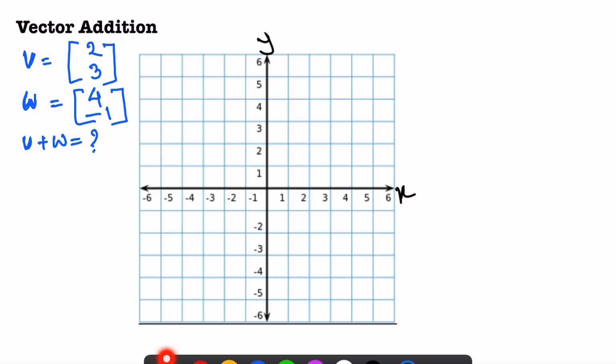V is 2, 3 means 2 steps in positive x direction, then 3 steps in the positive y direction. So this is V. W is 4 steps in positive x direction and 1 step in negative y direction. So this is W.